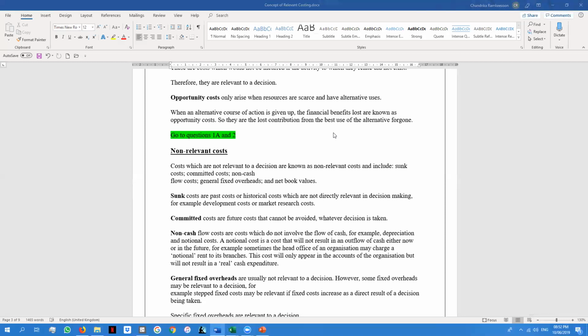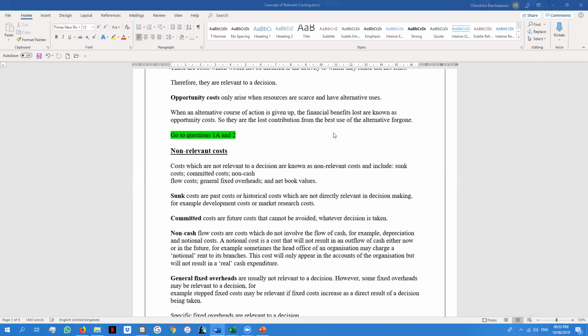But in order to make each office aware of the fact that there is a cost of using the photocopying department, every time a photocopy is done, a slip of paper may be filled out or some record maintained, and that would be used as the basis of charging a cost to the relevant user department.